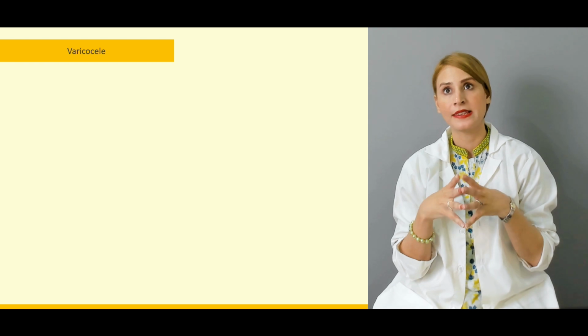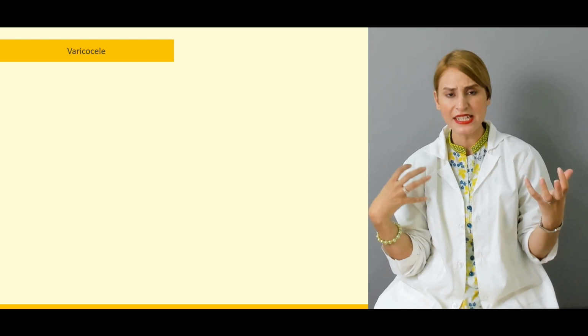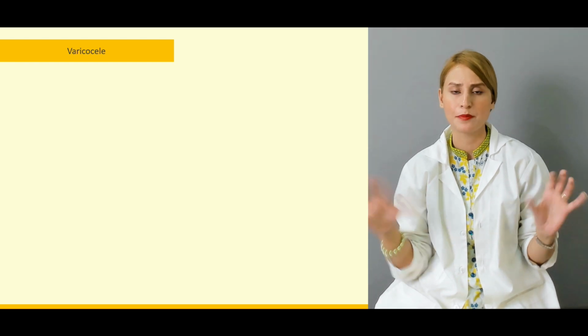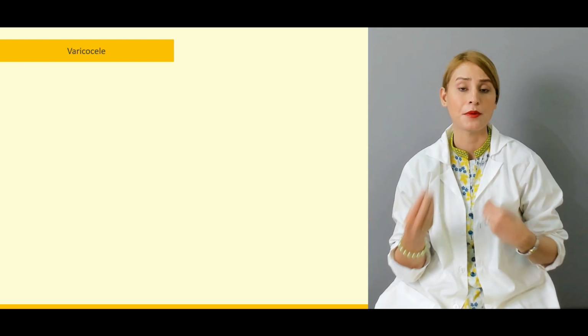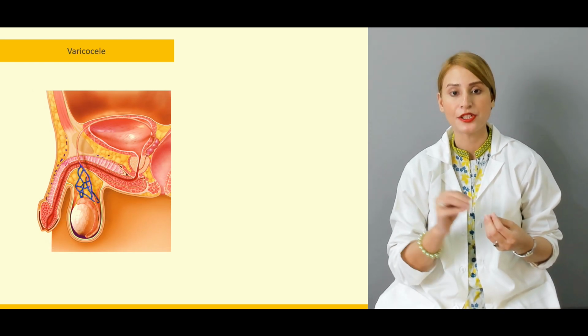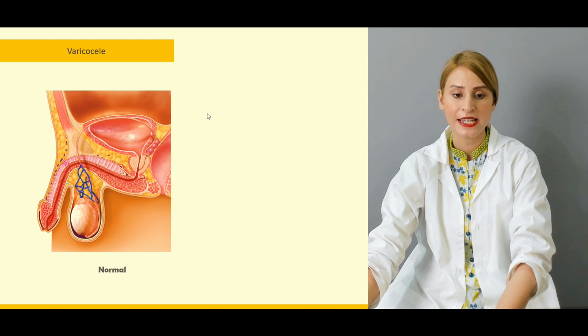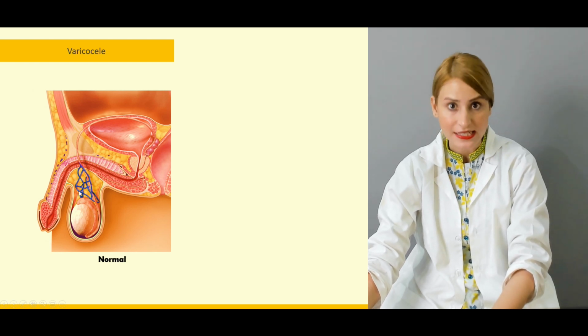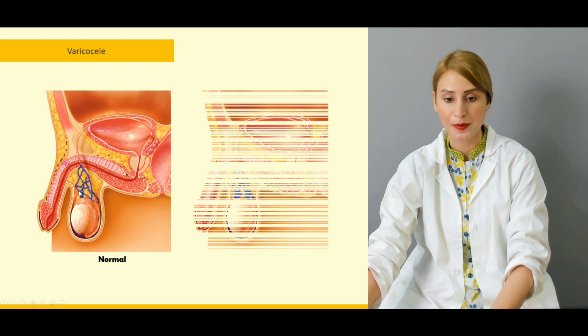And we know that these are the testicular veins. The left and the right testicular veins, their branches combine, and they form a pampiniform plexus, which is an important part of the spermatic cord. So you can see in the diagram that this is the normal testes, the epididymis, and this is the pampiniform plexus, which is located in the spermatic cord.